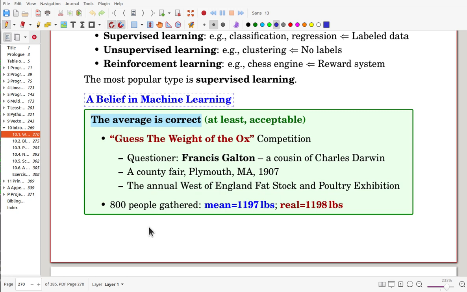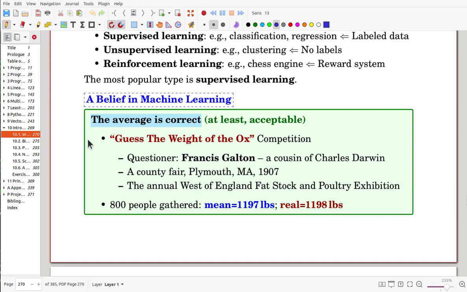So 13 were excluded, and for the remaining guesses, the mean was measured to be 1197 pounds. After that, the ox was put on the scale and the real weight was found to be 1198. So that guess from many people, the average, has only 1 pound error.